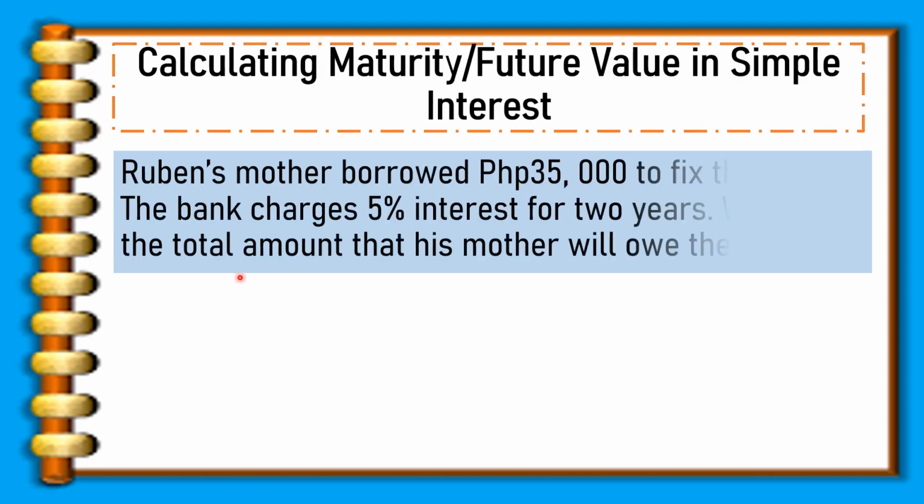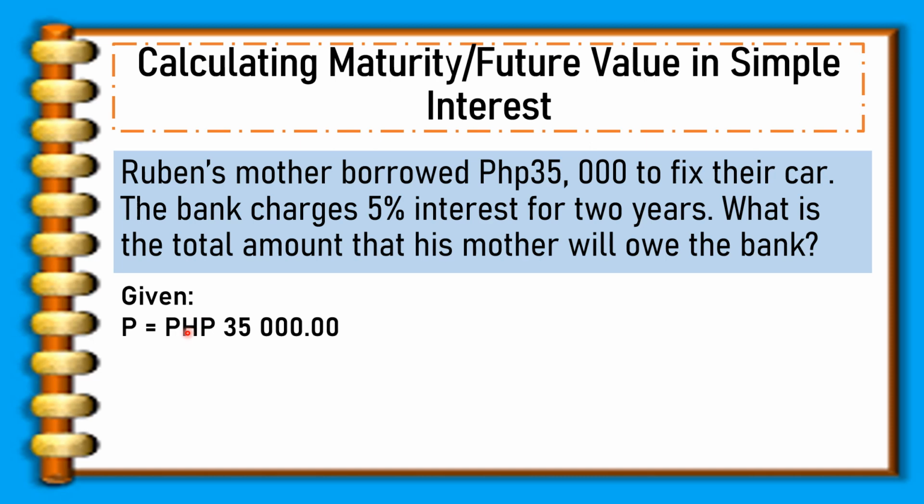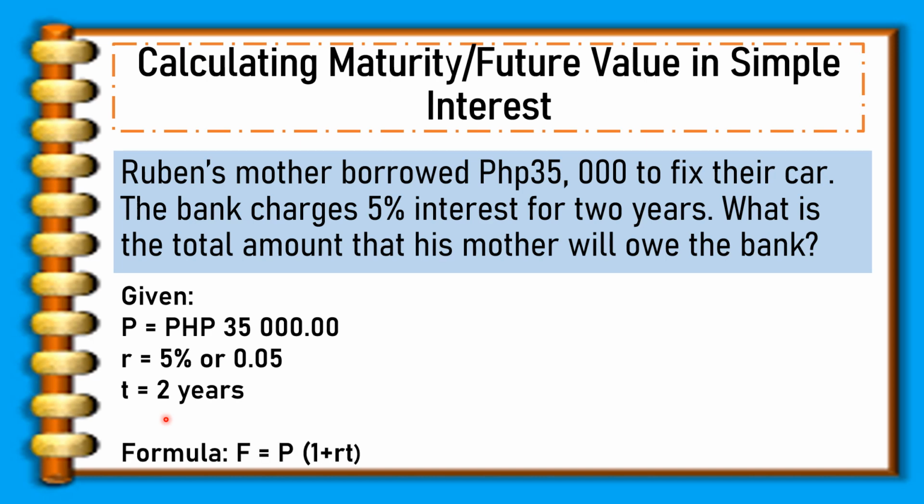Another example. Ruben's mother borrows 35,000 to fix their car. The bank charges 5% interest for 2 years. What is the total amount that his mother will owe the bank? Here are the given. Principal amount of 35,000 pesos. Rate of 5%, or in decimal form it is 0.05. Term of 2 years. Formula for maturity value, it is principal amount multiplied by 1 plus R multiplied by T. For the solution, simply input these values into the formula.